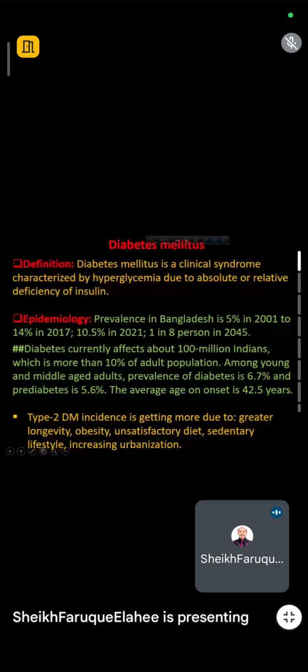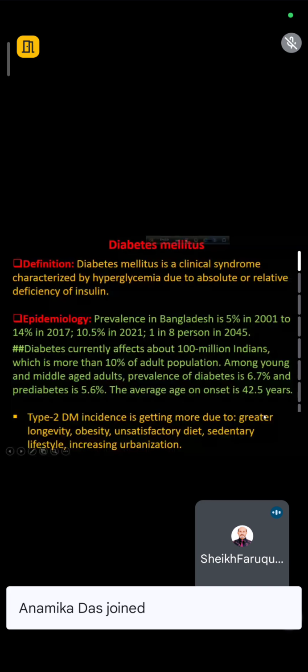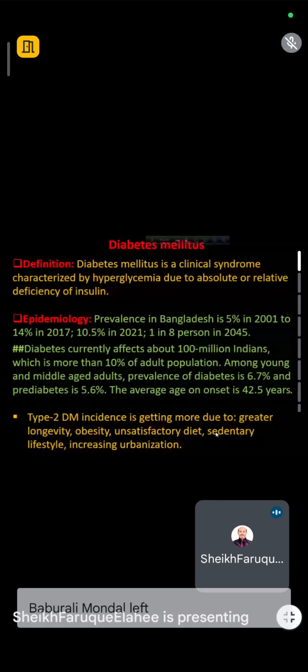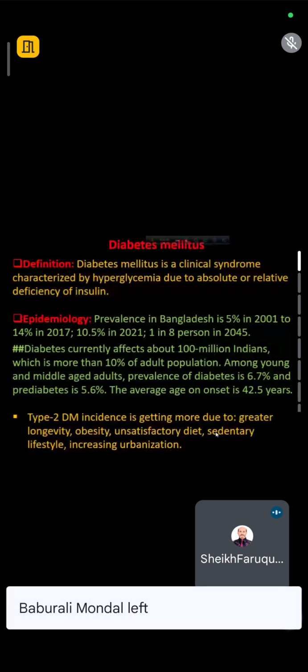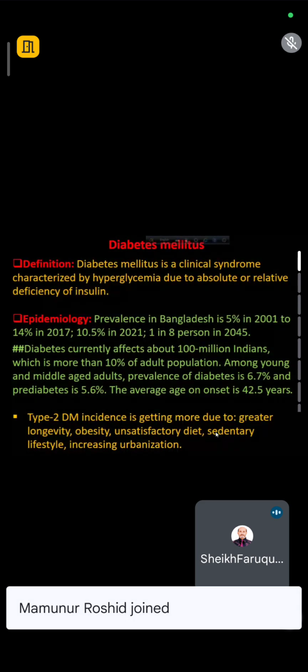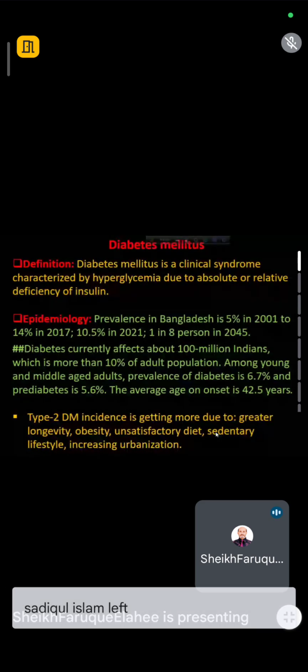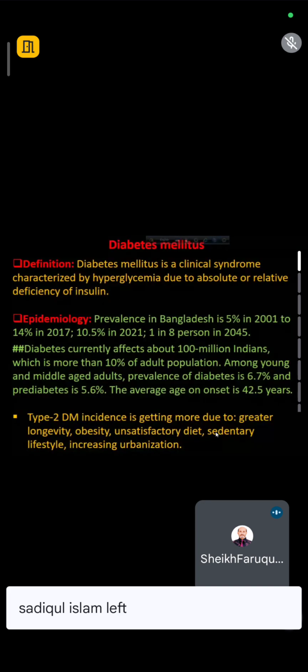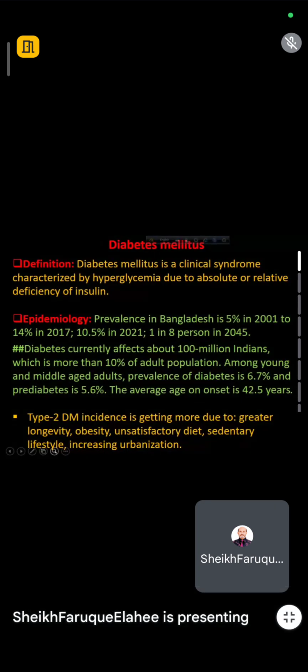The sedentary lifestyle. What is sedentary lifestyle? It means the people who work more by sitting, like us, we homeopathic doctors. We always sit. In the chamber, we sit there and see patients. At home, what do we do? We study. How do we study? Not by standing, so we sit. So we sit more time. This is called sedentary lifestyle. And increasing urbanization.